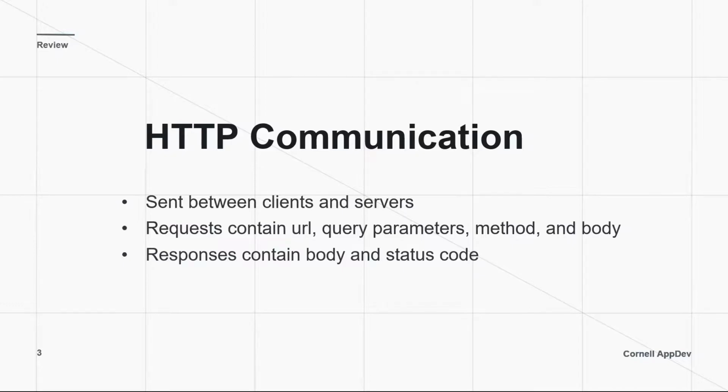So it's going to have the URL so that we can translate that via the DNS and actually access the backend. It's going to have query parameters to say what we're looking for, or a body. It's going to have a method like get, post, or delete, or put, or options is a fun one.